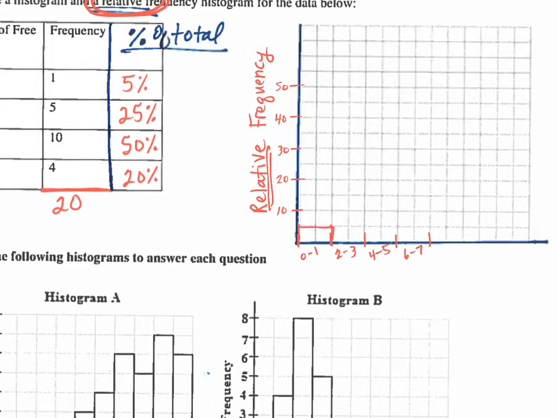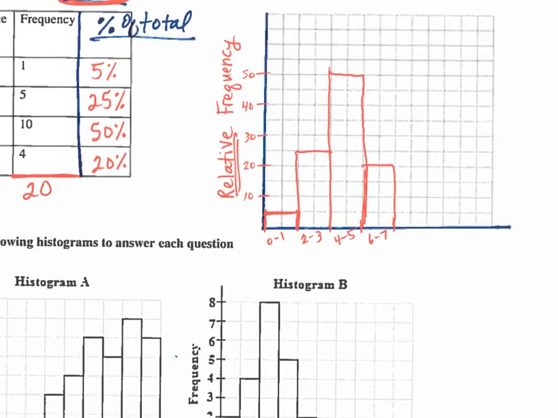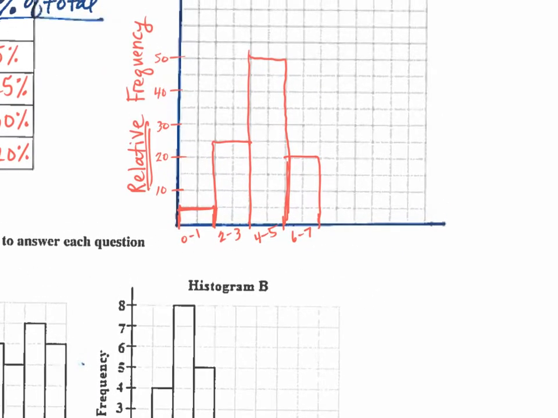So the first bar contains 5%, and then 25% for the second bar, and 50% for the third bar, and 20% for the final bar, okay? Now you're just doing the percentages.